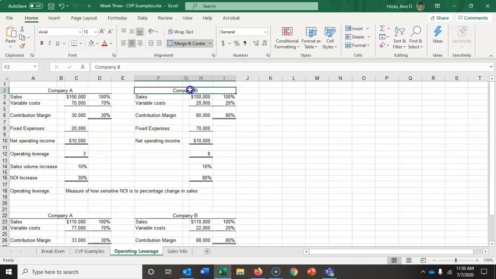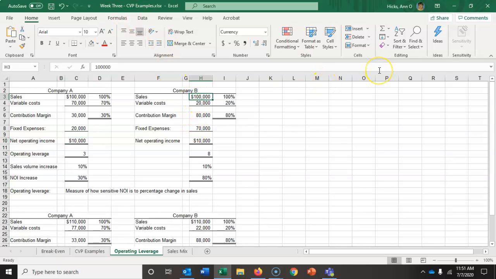Now, you'll notice a couple of things. Right off the bat, you may notice that both companies are incurring $100,000 in sales, and both companies are generating off of that $10,000 in net operating income. Here's the distinction. Company A is predominantly structured through variable costs, and they have variable costs of $70,000, leaving them with a contribution margin of 30, fixed expenses of 20, and that gets them down to the net operating income of 10,000.